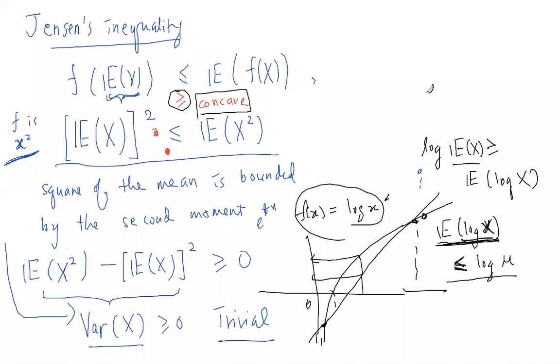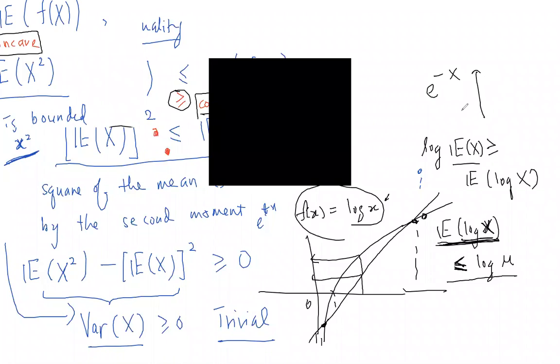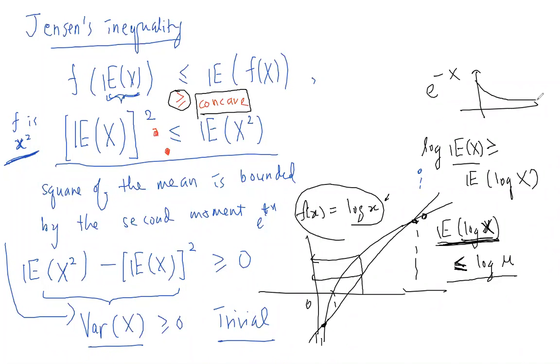Of course, e to the minus x is decaying like this. Is it concave or convex? Concave or convex? Yeah, it's convex.